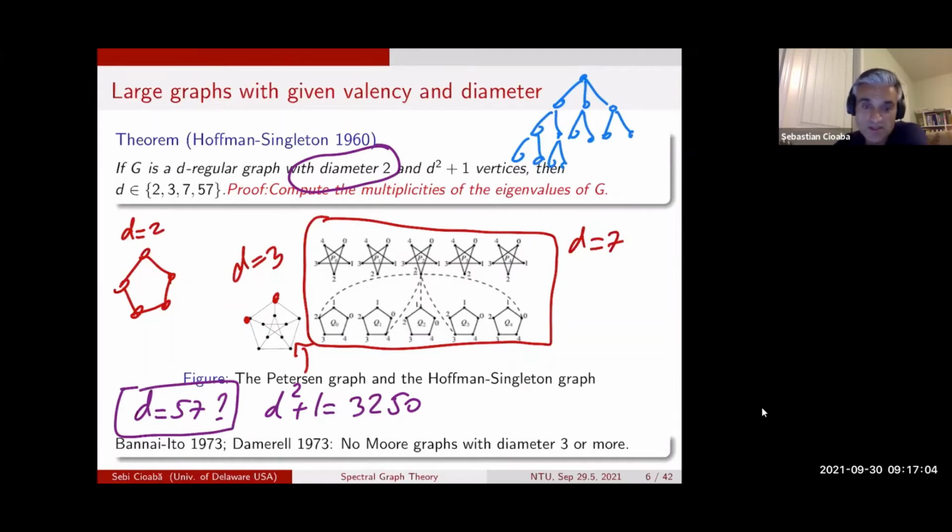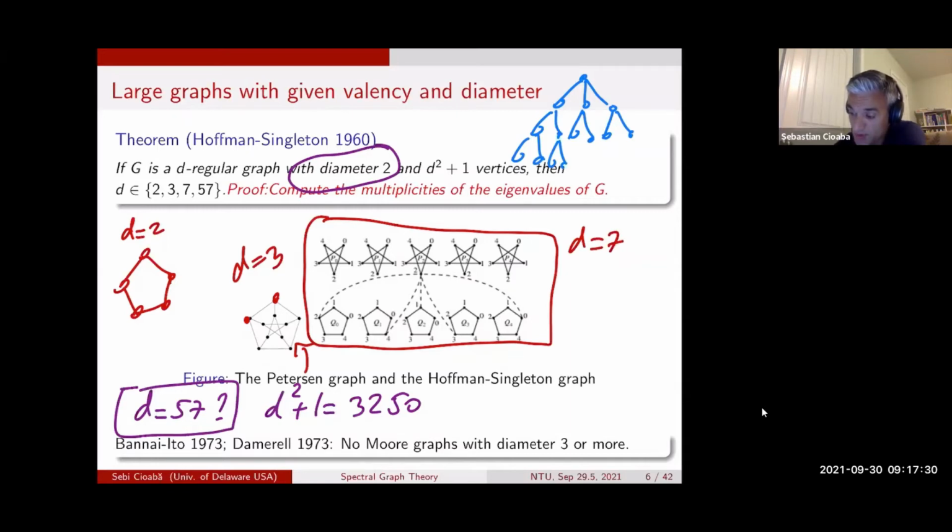But in '73, independently, Bannai and Ito and Damerell proved that there will be no graph attaining equality in that case, which has degree 3 or more. For degree 2, you can get an odd cycle to get equality, but for degree 3 or more, there are no such graphs. And again, I don't know a combinatorial proof of this result.